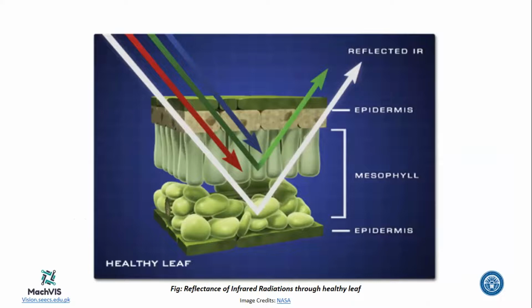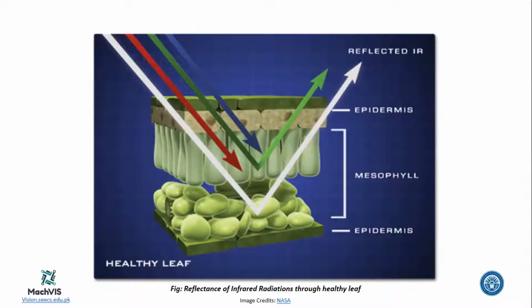Now you can see the reflectance pattern of several bands and the NIR band. Red, when reflected from the surface of the plant, the leaf, is mostly absorbed.